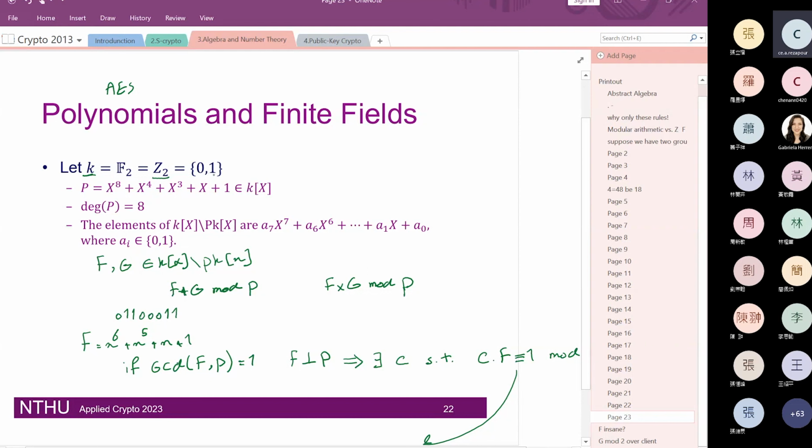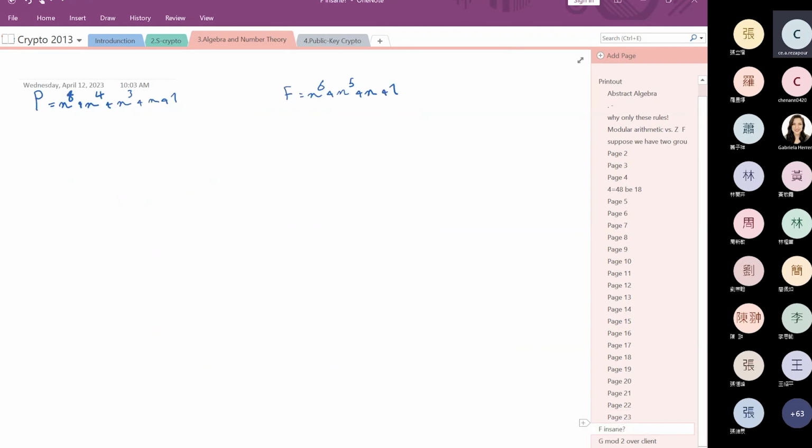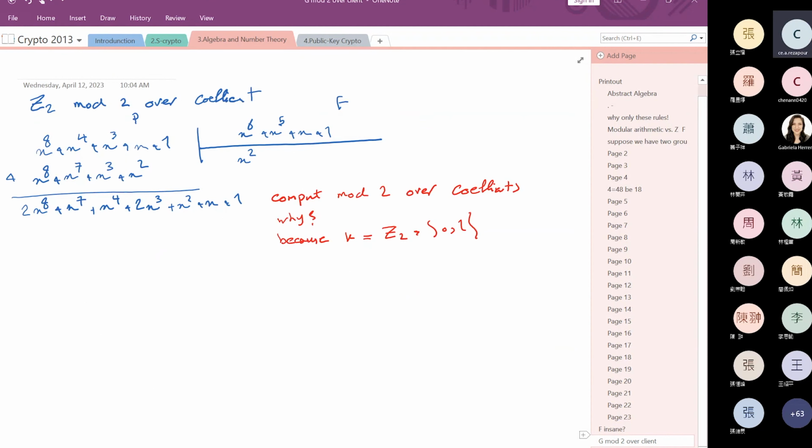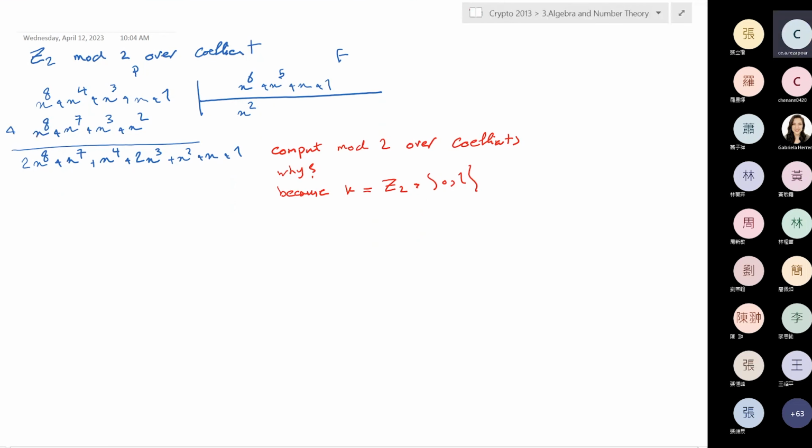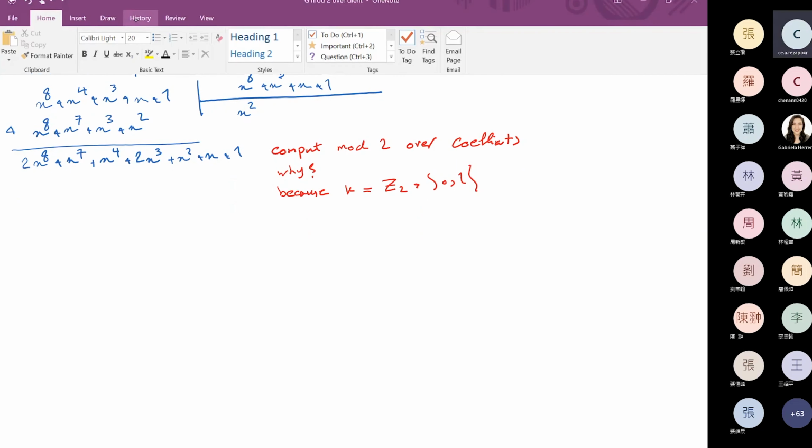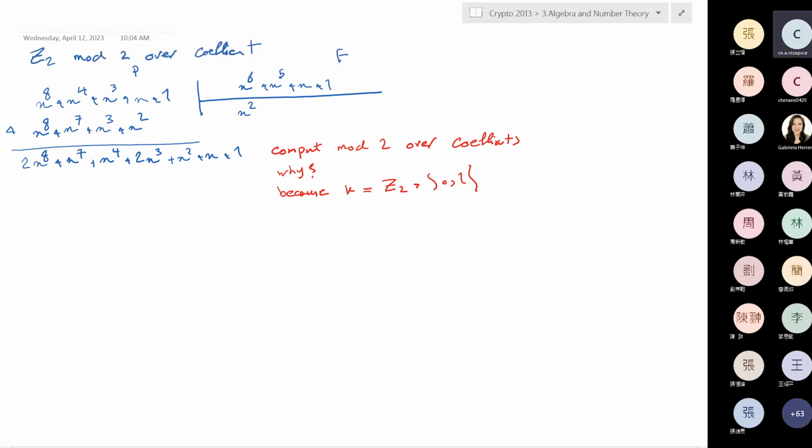These are the only two values we can get. For those coefficients that we've computed, we have to apply mod 2. So after applying that, we get x^7, and the 2s get canceled: x^7 + x^4 + x^2 + x + 1.